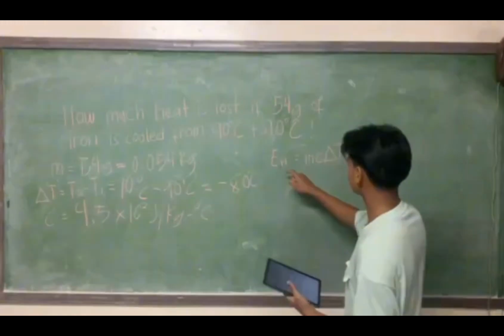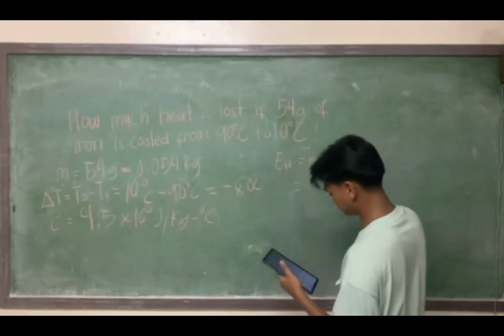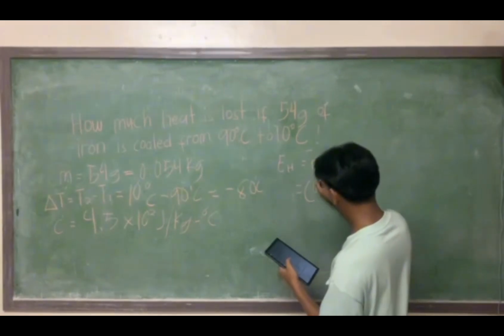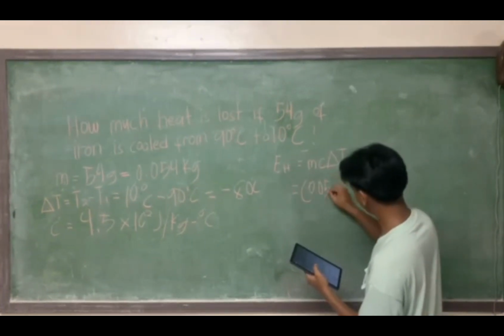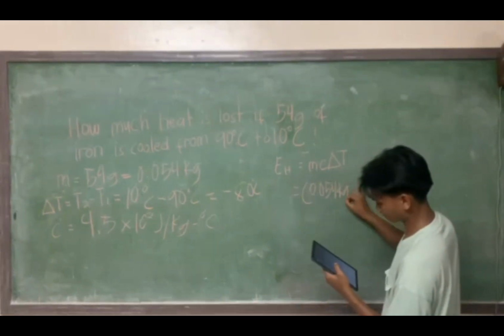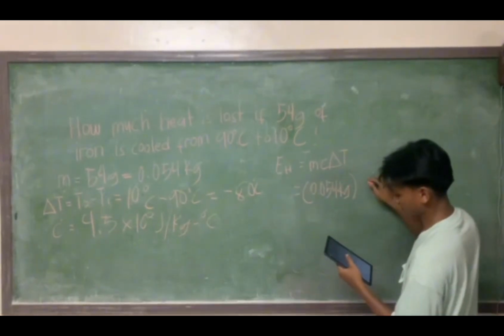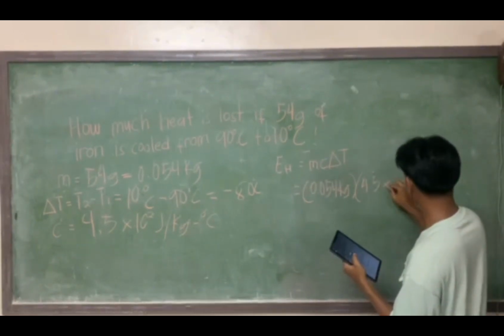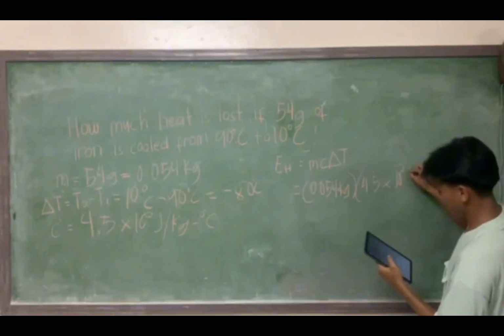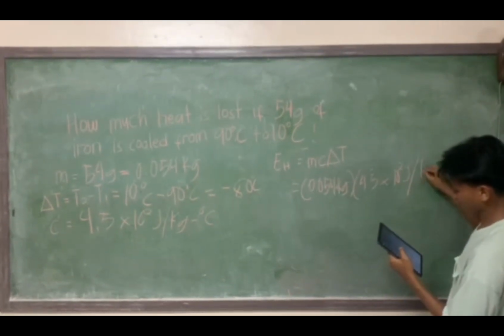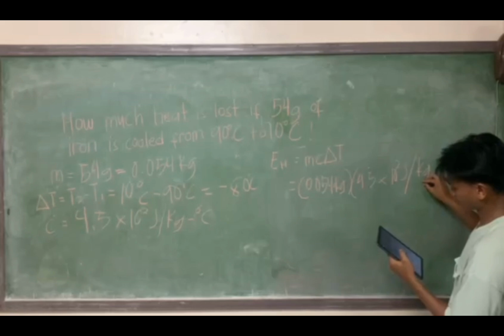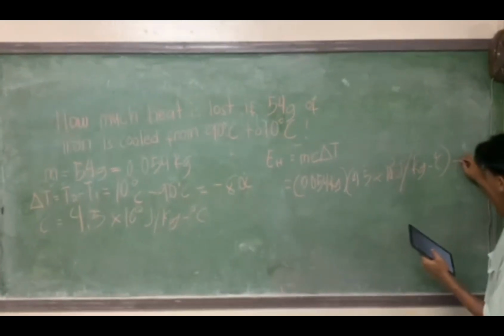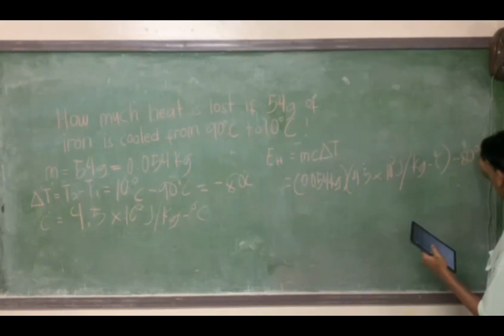This is E sub h equals mc delta T. The m is 0.054 kilogram and the c is 4.5 times 10 squared joules per kilogram degrees Celsius and negative 80 degrees Celsius.